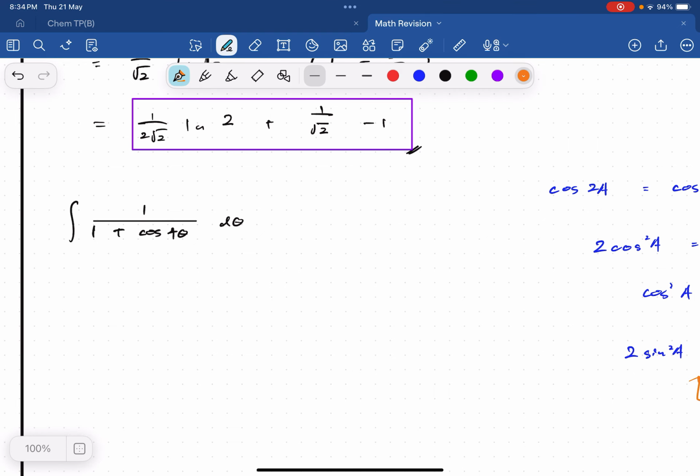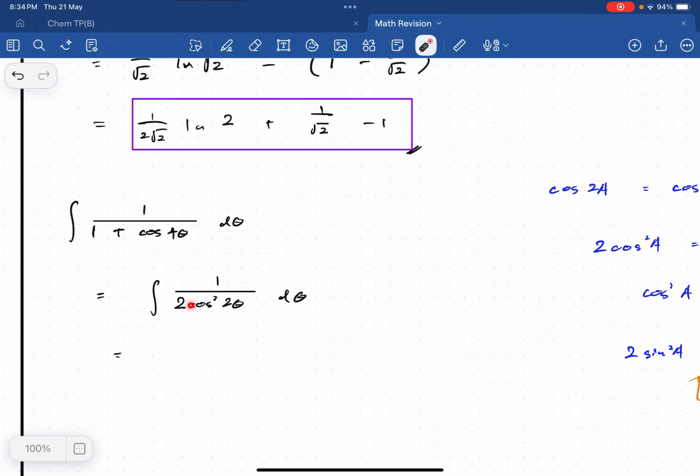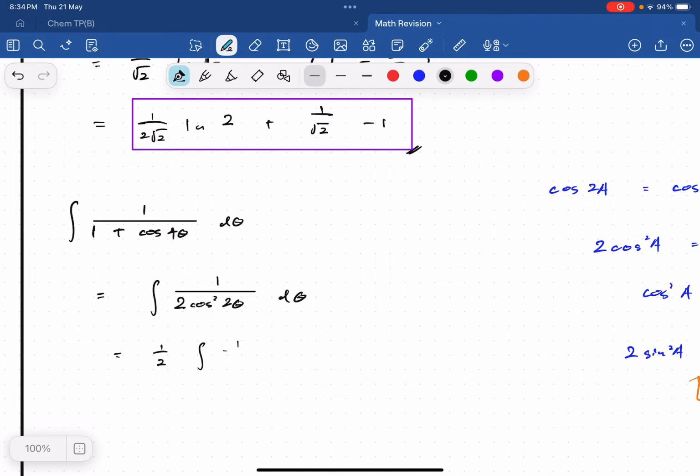If I use the double angle formula, in this case I'm given cos 4 theta. Okay, so I can actually express this because it's 4 theta. I will write this as 2 cos squared of 2 theta. Numerator remains the same. And so once again, this constant here is pesky. I'm going to take it out by just taking out half.